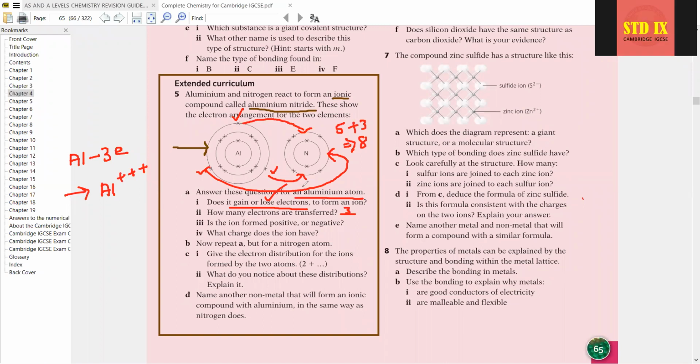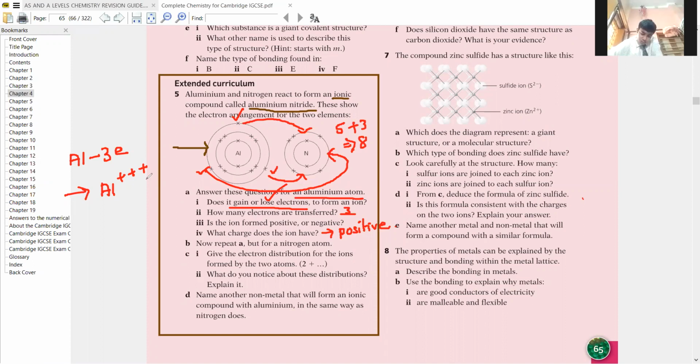So what is the charge on this ion? It is a positive charge. So Al minus 3e means aluminium loses 3 electrons so that it becomes Al plus plus plus.